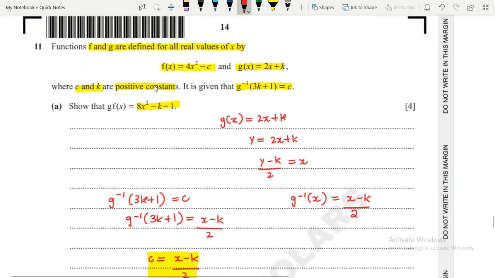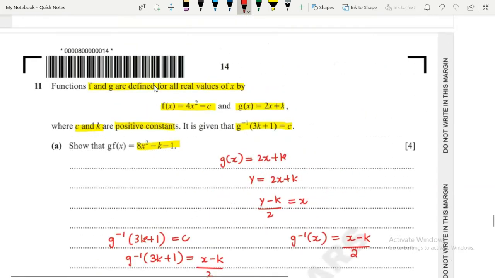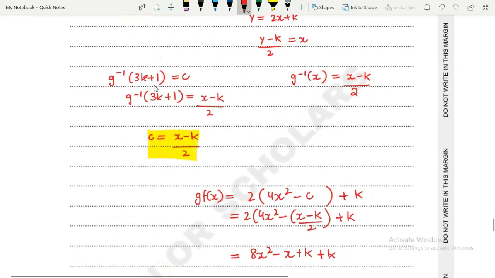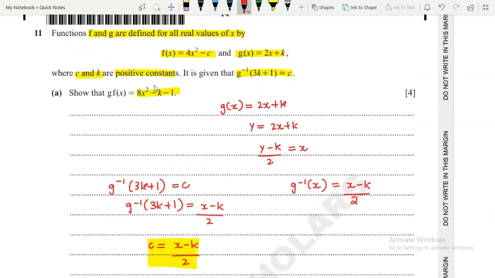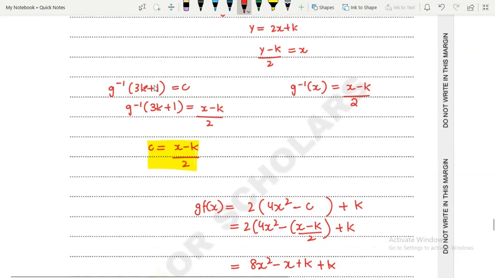So I think we have done something wrong. The 4x squared we have put right. Then we have 4x squared minus c, so minus c is going to become minus k plus k over 2. What kind of mistake have we made? Let's just check.